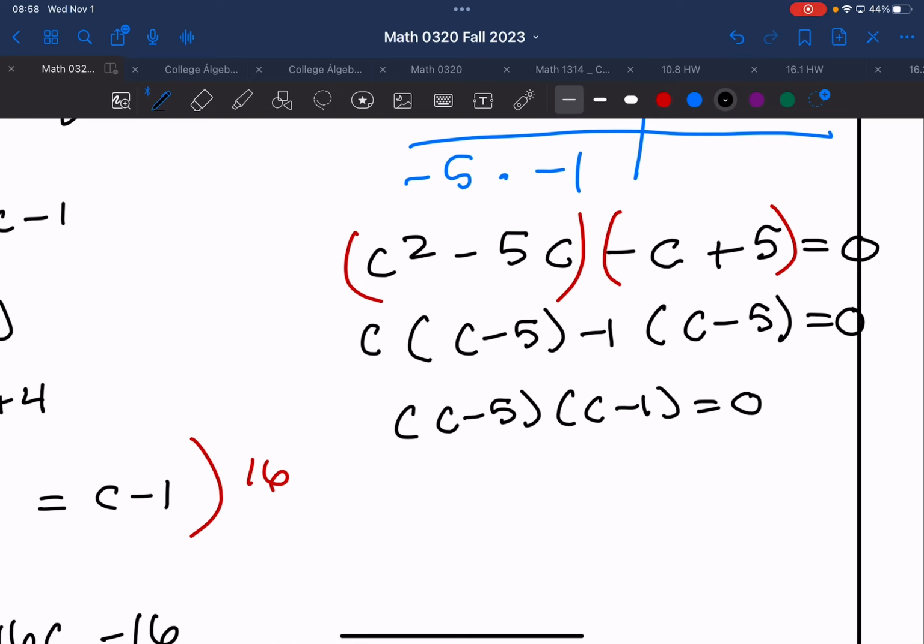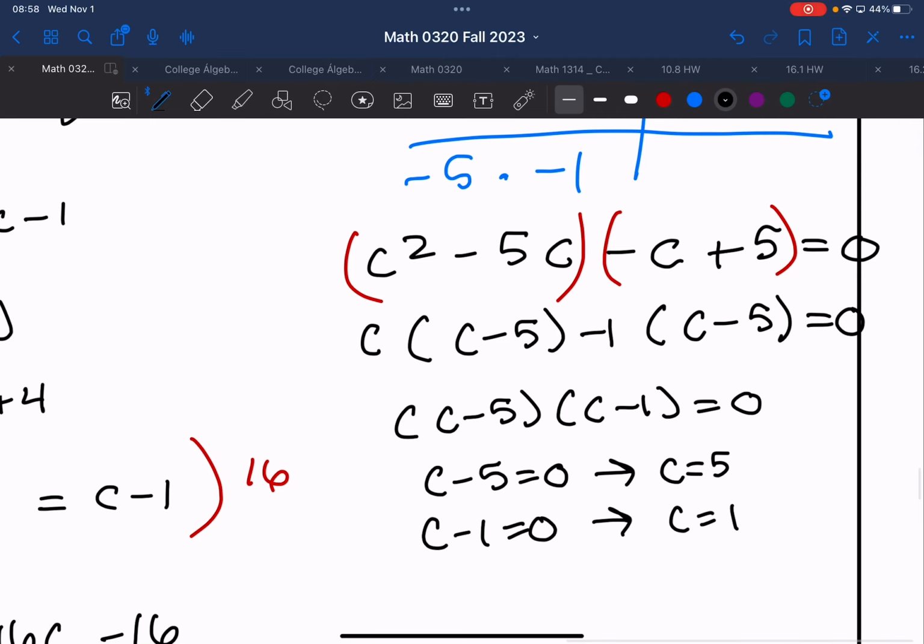What do I do to get both of my answers? Good, c minus 5 equals 0 means c is equal to 5, and c minus 1 equals 0 means c is equal to 1.